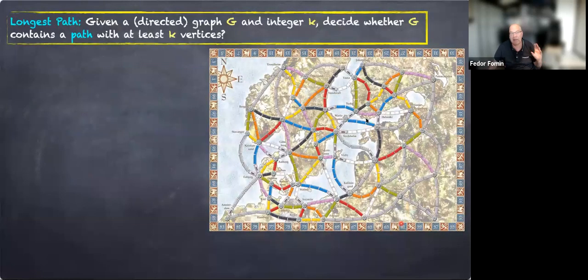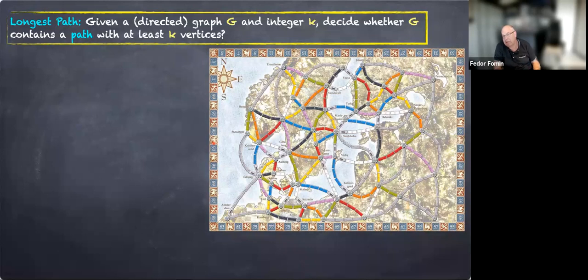And then I said that I want to apply this representative set algorithm to the longest path problem. So what is the longest path problem? I have a graph G. You give me an integer k as the parameter, and then the question is if there exists a path of length at least k vertices.